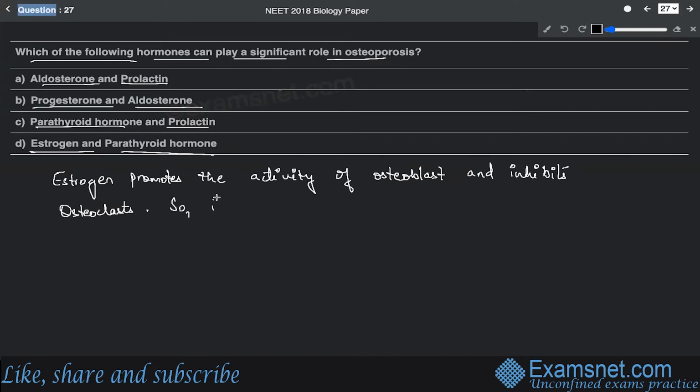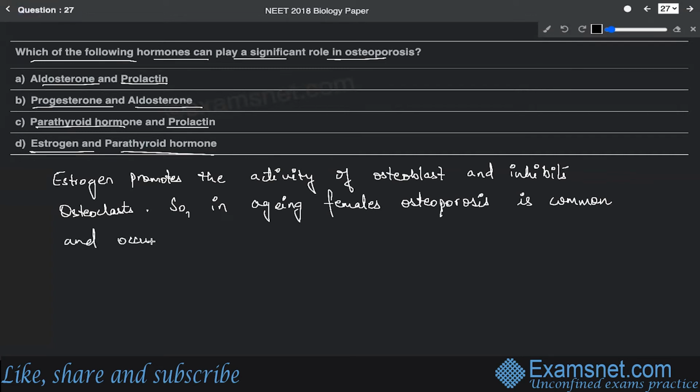So, in aging females, osteoporosis is common and occurs due to deficiency of estrogen. So, this is the case. All right.